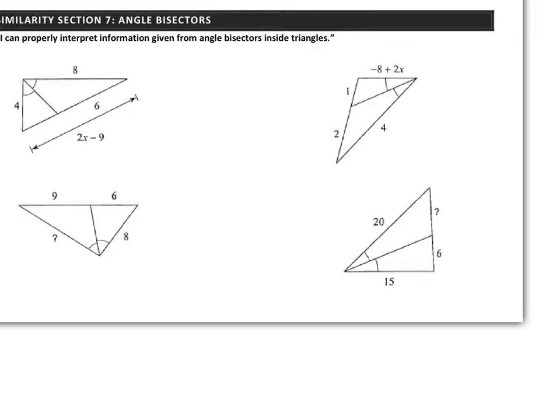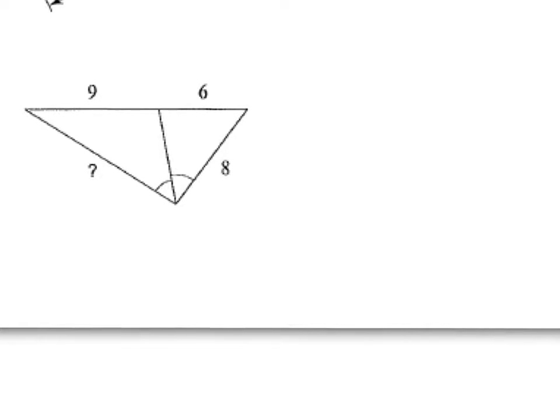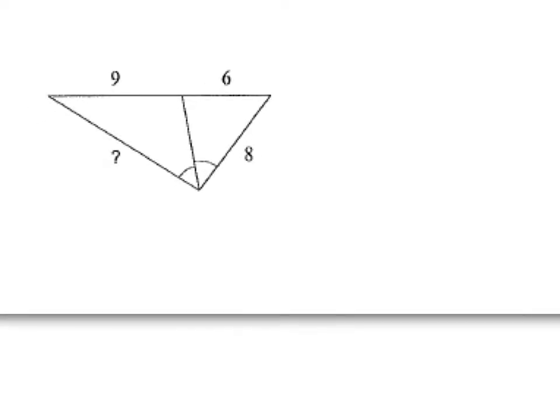Now I'm going to show you what happens here with the simplest one, without a formula, to see if you can pick up what's going on. Because this is the angle in which we are coming from, and that's the one being bisected, we're going to focus on a ratio that compares one of the sides of that angle, 8, over the side that is opposite that, so right here, 6.